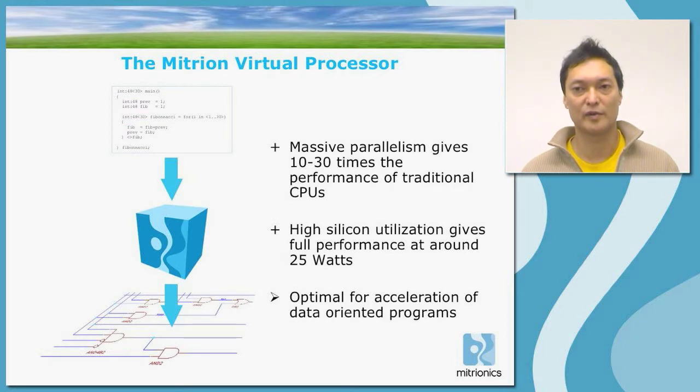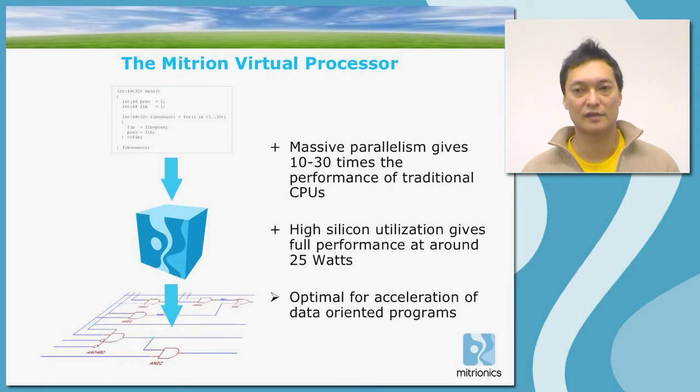Each one of the tiles of the Mitrion Virtual Processor is capable of operating simultaneously with any other tile. This gives the MVP massive parallelism, and it's from this parallelism that the high performance of the Mitrion Virtual Processor arises. It also has very high silicon utilization, and it is capable of giving this performance at around 25 watts.